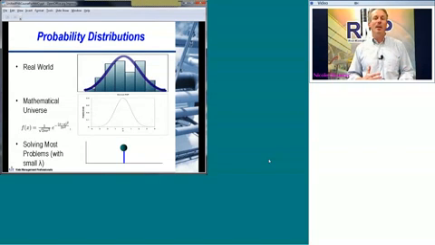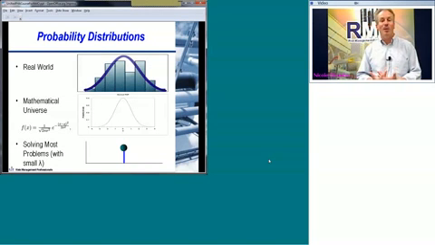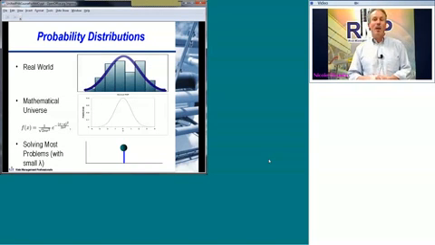Or at least they're going to have different levels of being problematic and different reliabilities. That's the real world. When you look at equipment, there are basically going to be mean values of how long they're going to last, when they're going to fail, and all that can be represented by a normal distribution. So in the real world, all equipment's a little different. Mathematically, you can represent this as a normal distribution.